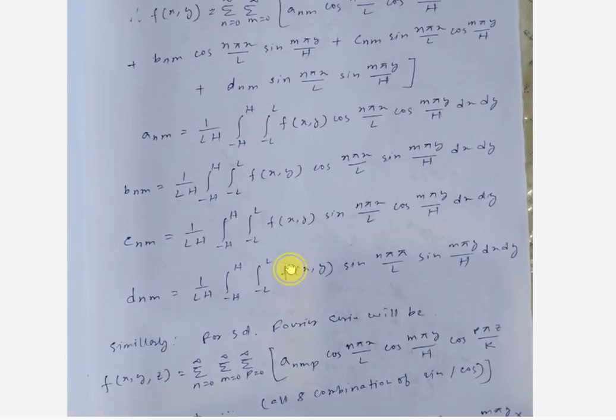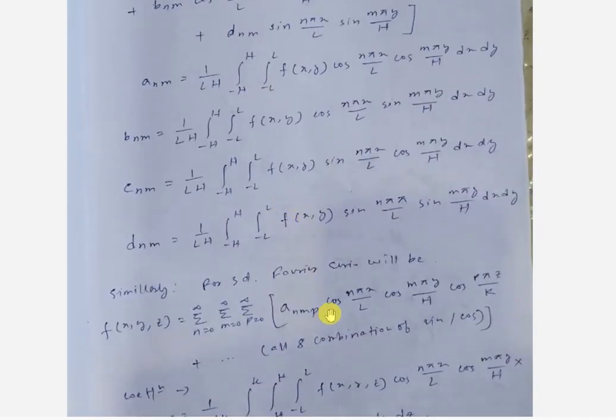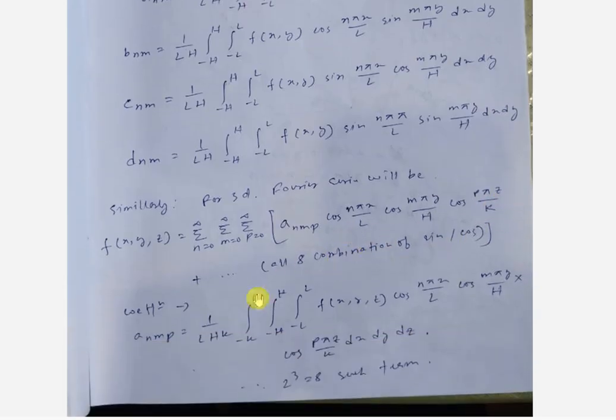So what they are saying is that this is also true, with cos n pi x by l cos m pi y by h for the second variable, and for the third variable cos p pi z by k. Then all 8 combinations will be there, and the coefficient nmp will have 1 by lhk in front of the summation.